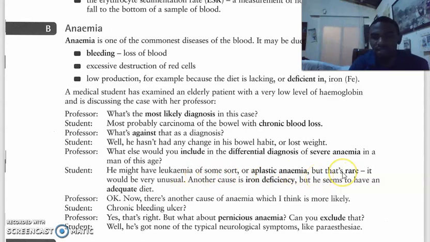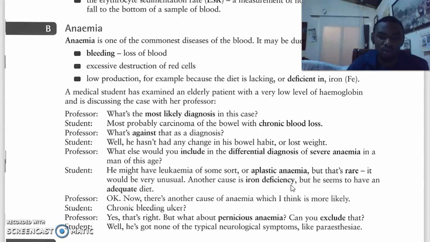But that's right, it would be very unusual. Another cause is iron deficiency, but he seems to have an adequate diet. Okay, now there's another cause of anemia which I think is more likely.